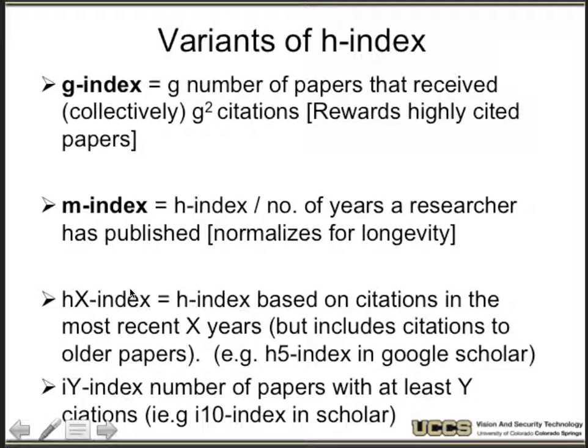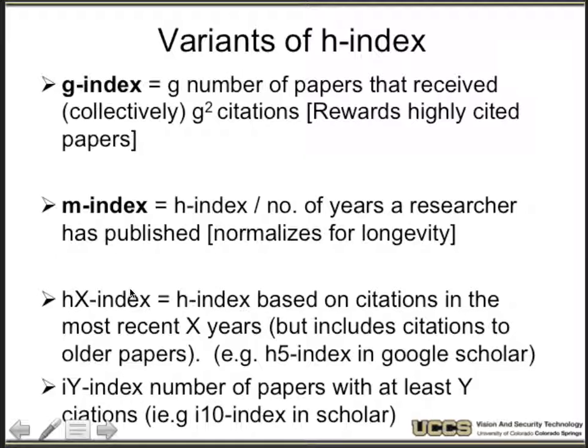Some variants of these, which are very easily seen and not really separate indices, are things like the HX index, where it's the H index based on citations to the most recent X years. But it includes citations to papers older than those years. For example, the H5 index in Google Scholar is only looking at citations that occurred in the last 5 years, no matter how old the paper they're citing is.